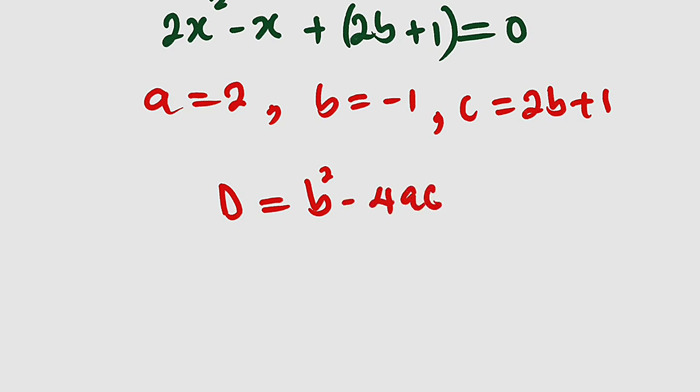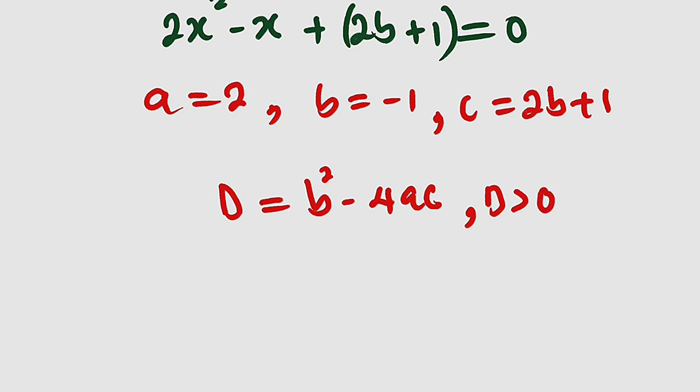And a quadratic equation has different natures depending on the value of d. If d is equal to 0, you will always have one solution, a repeated root. If d is less than 0, we have no real solution. While if d is greater than 0, we'll have two solutions, real and distinct. So therefore, we need a value of d that is greater than 0.